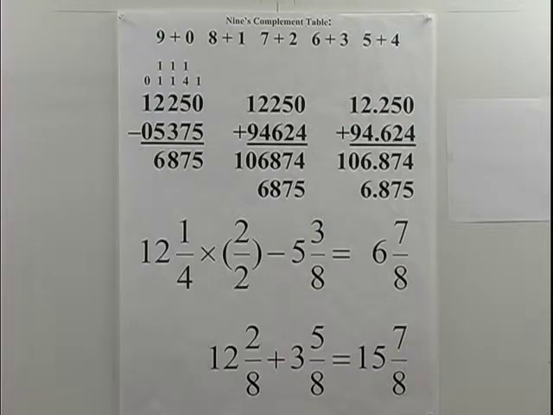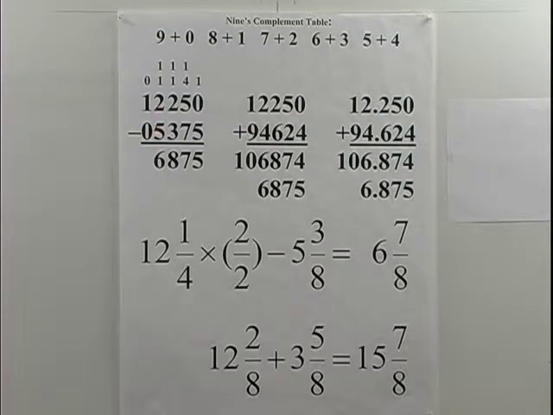In the nines complement procedure, if the minuend has more digits, 5 in this case, than the subtrahend, 4 in this case, we have to add a leading 0. Otherwise the nines complement procedure will not work. The number added to 0 that equals 9 is 9.